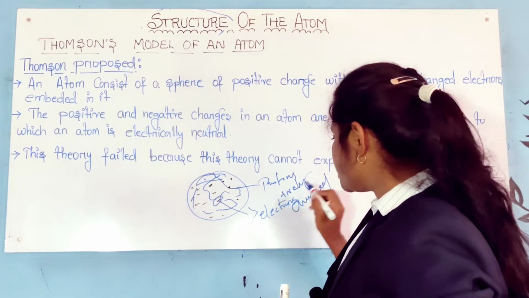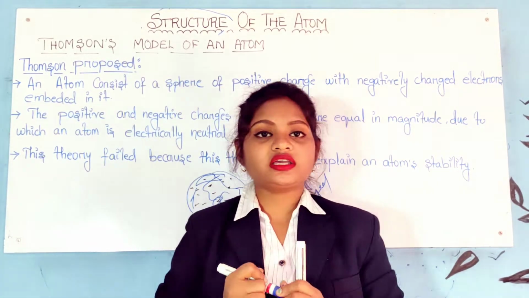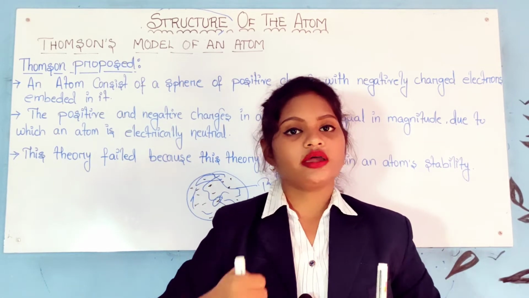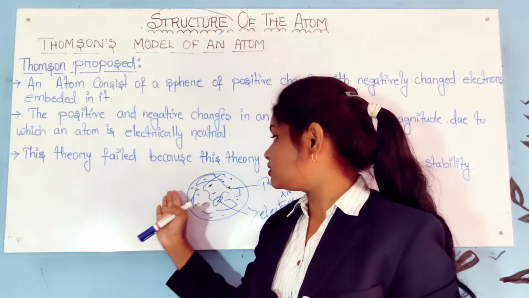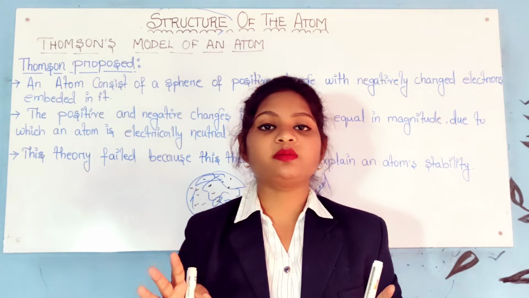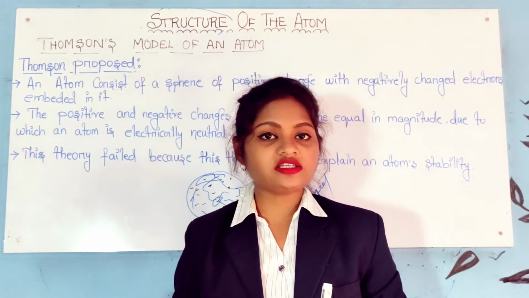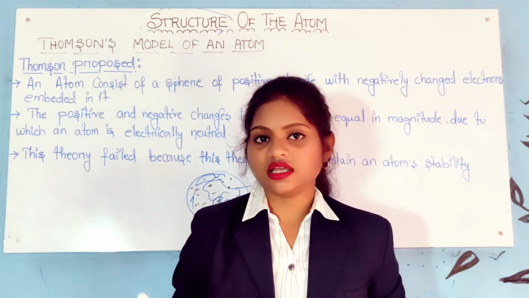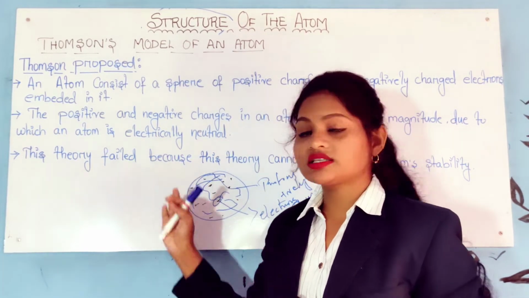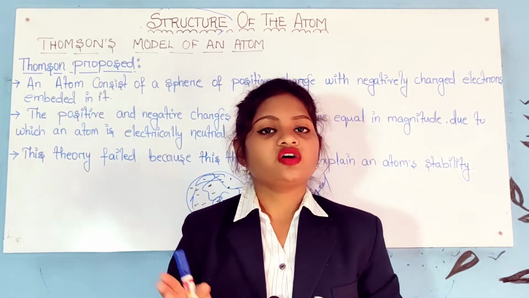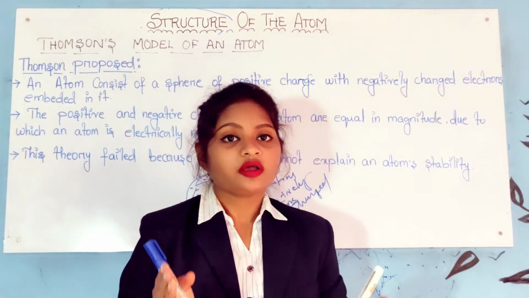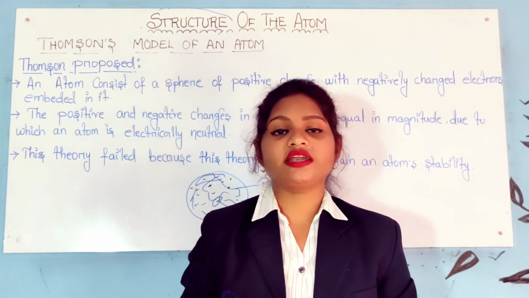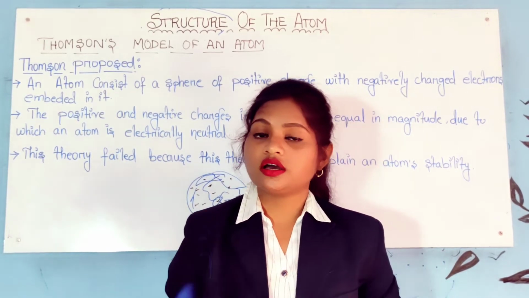He compared the watermelon to the atom: the red edible part is positively charged, the protons, and the black seeds are the electrons. But his model failed because he was unable to explain the stability of an atom. That is why his theory also failed.